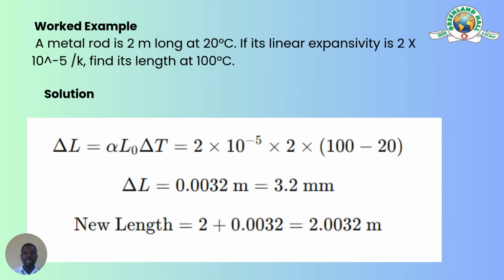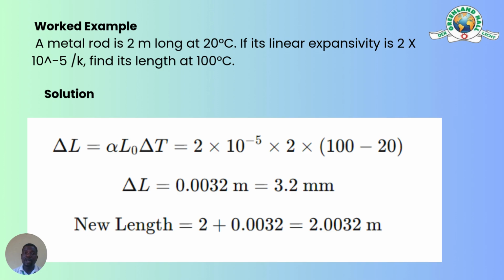But trust me, this 0.0032 can cause a lot of damage, can cause an accident on a rail track, should we have this kind of increment if there is no allowance for it? So this is how to calculate the new length, the length at 100 degrees Celsius.